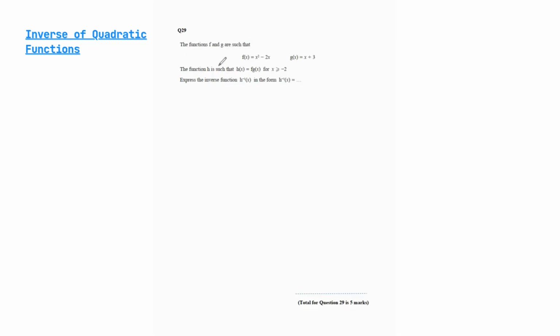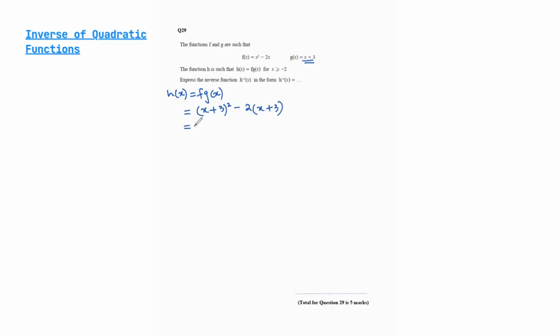So let's first find h of x, which is f of g x. So this is a composite function. F of g x means that we're substituting g of x in f of x. So wherever there is x in f of x, we replace it with g of x, which is x plus 3. So it's going to be x plus 3 whole square minus 2 times x plus 3.